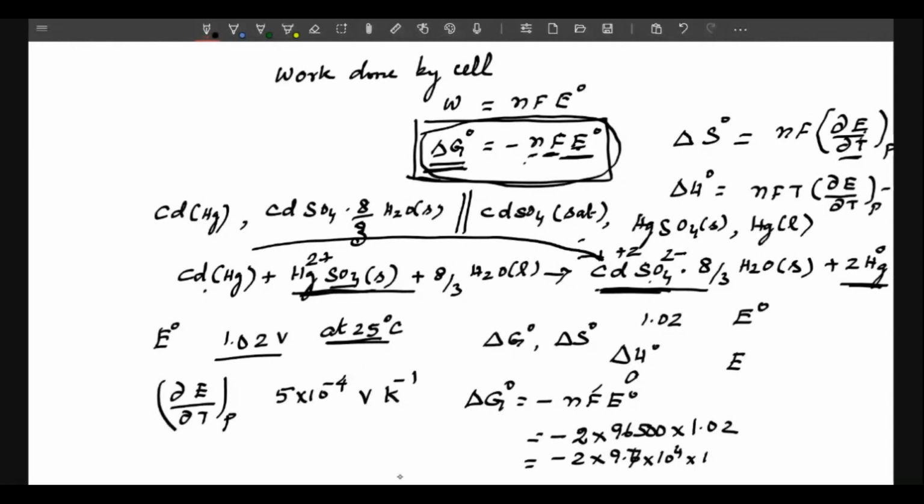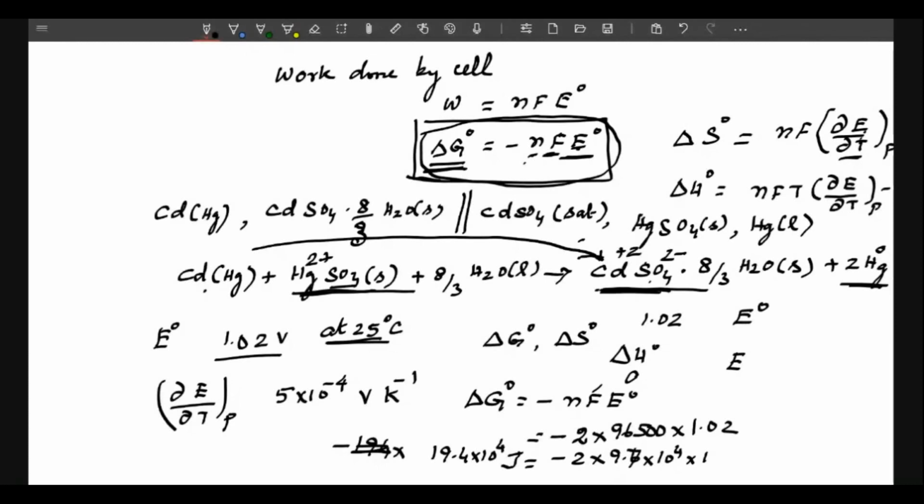Therefore, 2 into 9.7, what would be the value? Tell me the value. By the approximate calculation method, the value is nearly minus 194, I'm sorry, 19.4 into 10 power 4 joule.